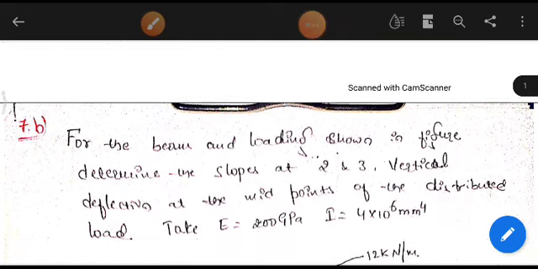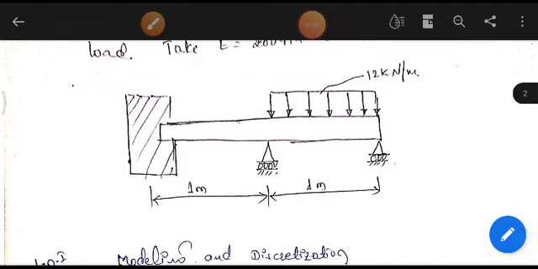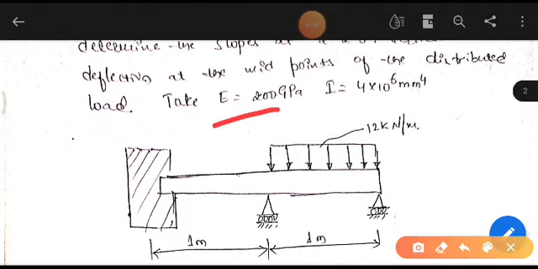In this problem, we need to write the given data. Young's modulus is 200 gigapascal and moment of inertia is 4 into 10 raised to 6 mm raised to 4. The UDL intensity of load is 12 kilonewton per meter.